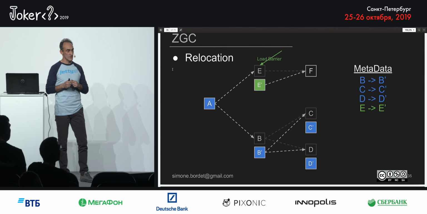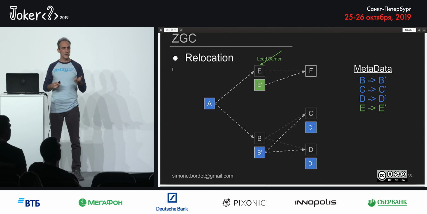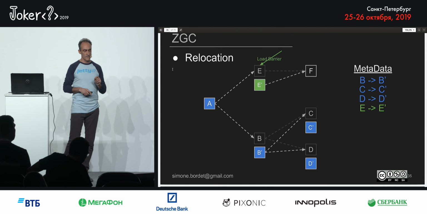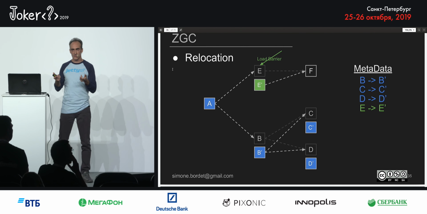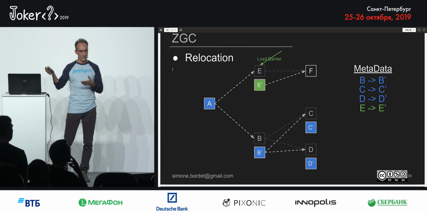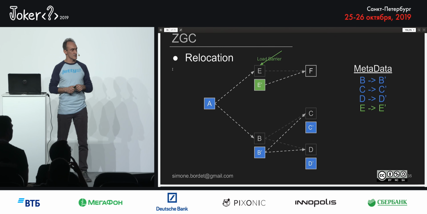Okay, so the application thread does a little bit of work that the garbage collector is normally doing. It is copying the object and relocating it into a new page. Okay? And then, of course, the application stores the information about this relocation into the metadata that is on the side. There is basically a concurrent map.